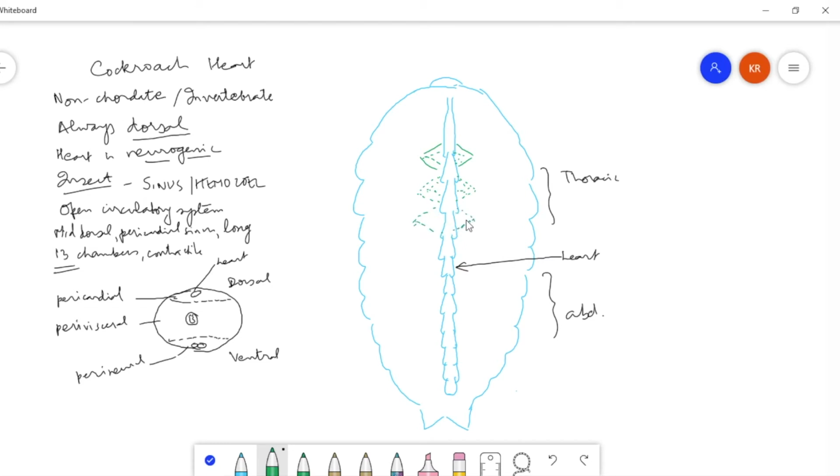You can see now here, these are the muscles which are holding it. Or you can simply draw for outline purposes.